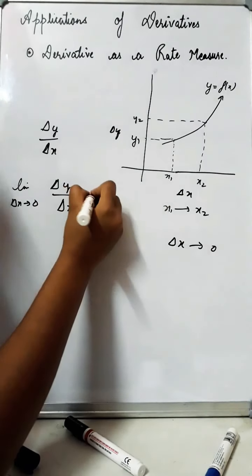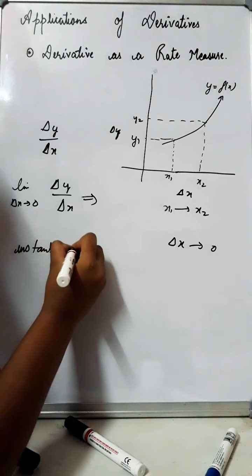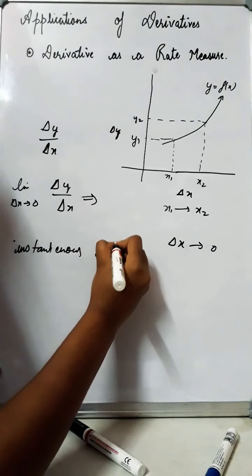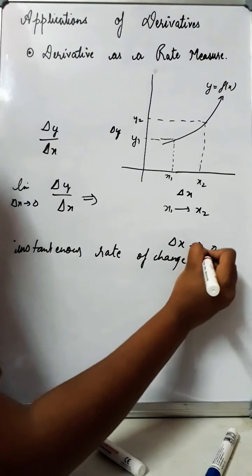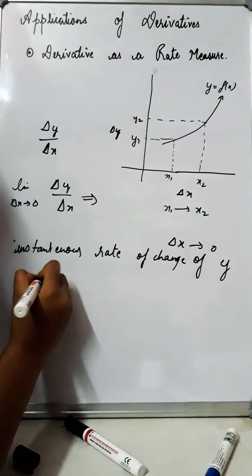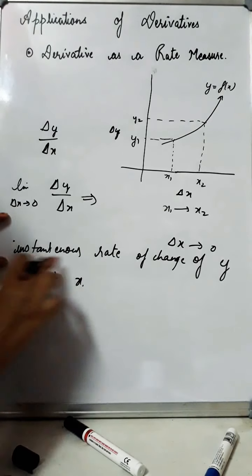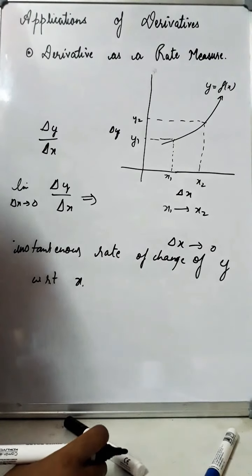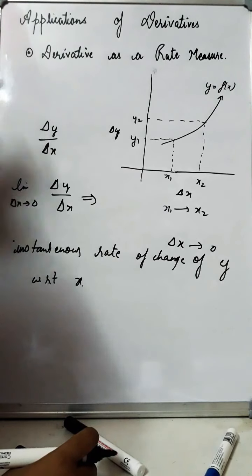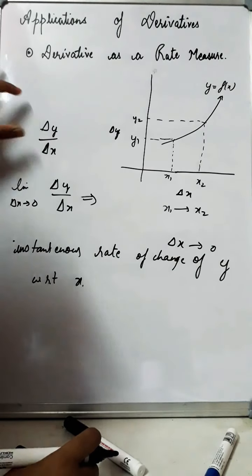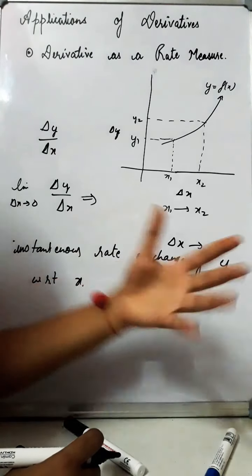So the term here is instantaneous rate of change. What we have done is we found the proportion of change, we put the limit del x tending towards 0, and we get the instantaneous rate of change.